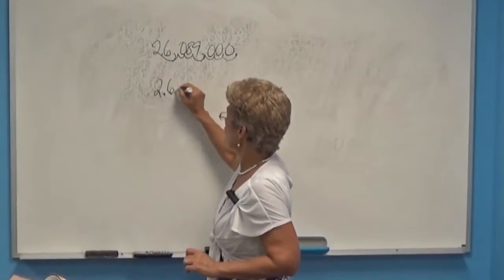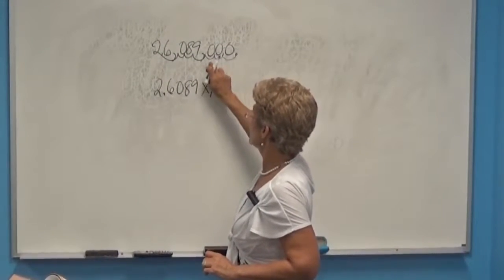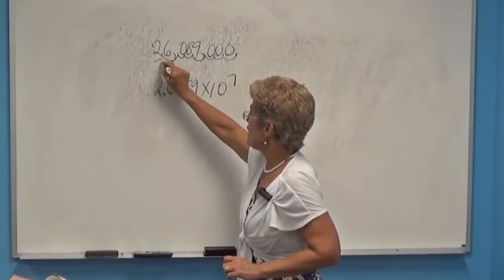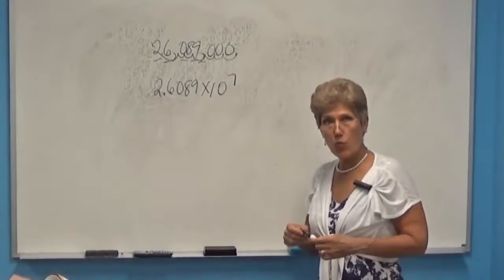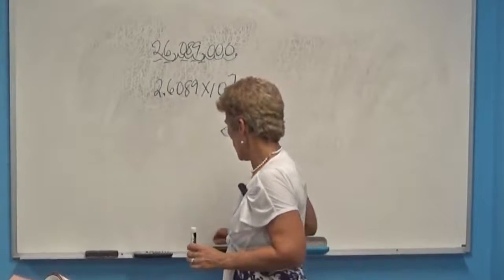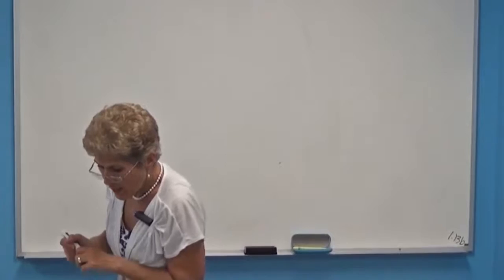So it's 2.6089 times 10 to the seventh, and the significant figures are the non-zero digits plus the 0 that's between the 2 significant figures. Okay? All right, let's do B.